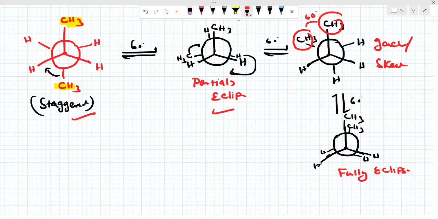Staggered, partially eclipsed, skew, and fully eclipsed. Actually the answer is 4, but please understand, in another sense, they will change the infinite number of conformers that are possible. In the exam they will ask how many conformers of butane are possible. The answer is infinite, because at room temperature you can convert staggered to eclipsed, eclipsed to gauche form, and gauche form to fully eclipsed again. The rotation will take place.